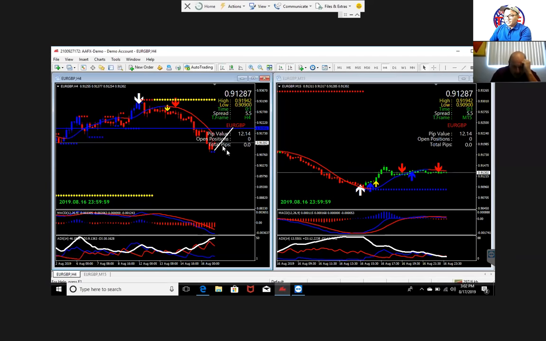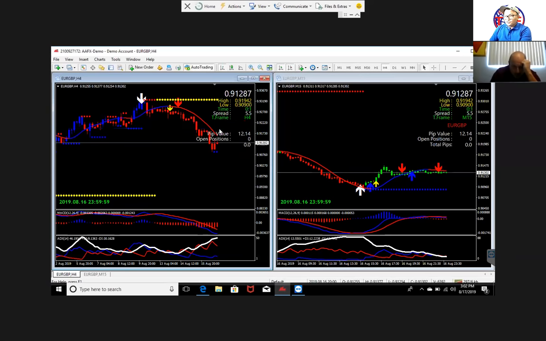Let me delete this. My goal is not to get you confused. But you see how powerful going to the lower time frame is. You see these two candles here, they give you nice pips already on the 15 minute.